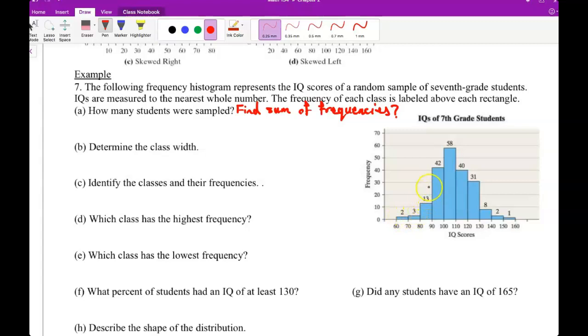These are frequencies that we have, so adding all these numbers to find total number of students. We have 2, 3, 13, 42, 58, plus 40, 31, 8, 2, 1.